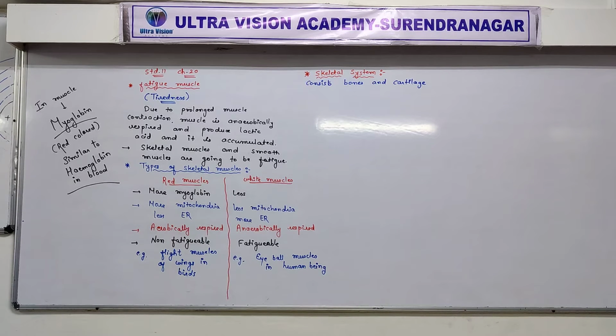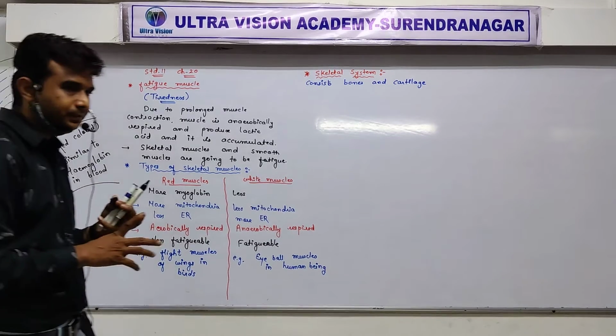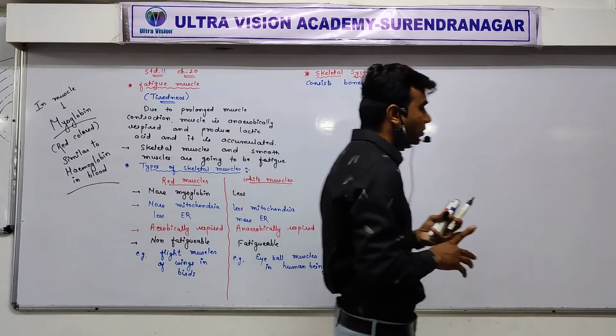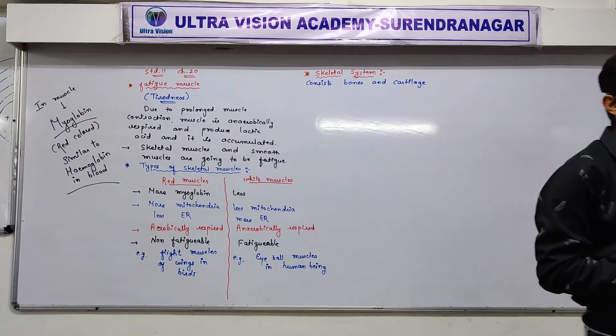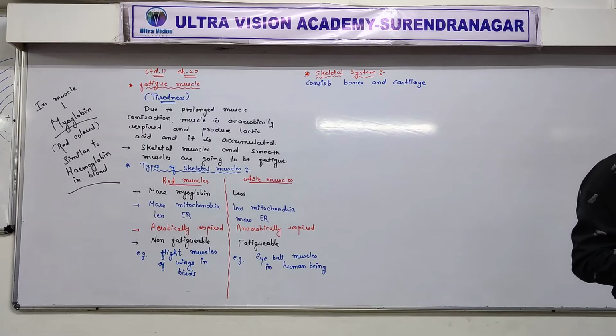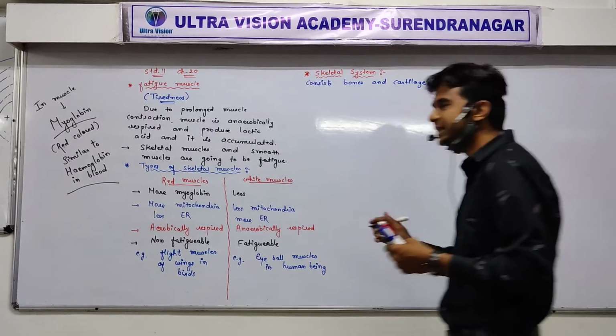Bone is compact, or hard, and cartilage is soft and movable. Okay, bone is hard.